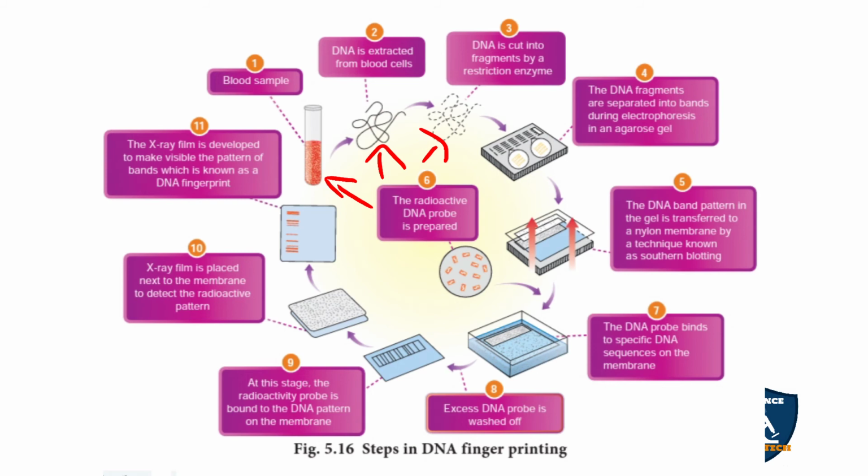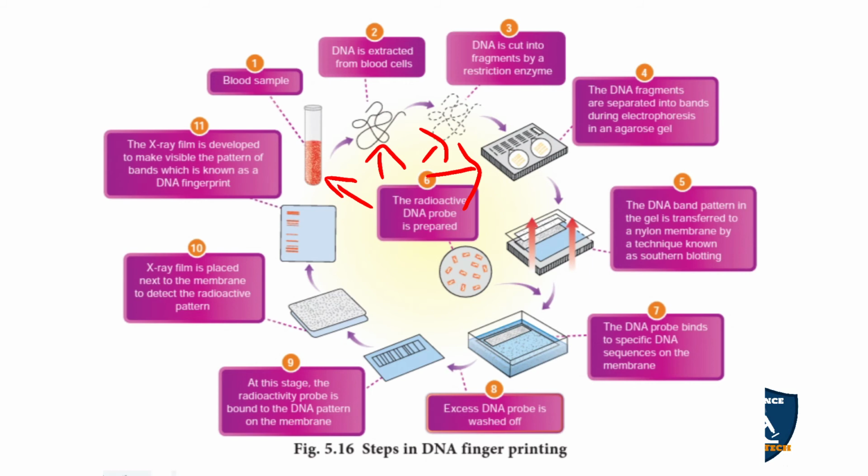Then you allow it onto the gel electrophoresis to separate. After gel electrophoresis, you are separating the DNA, chromosome A, B, like that, and you are forming the bands.